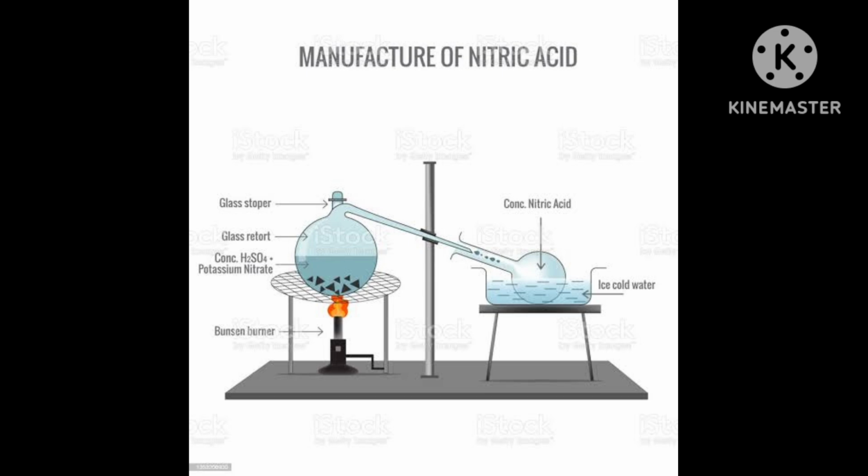The products of oxidation depend upon the concentration of acid, temperature, and the nature of material. Which metal is undergoing oxidation depends on that metal also.